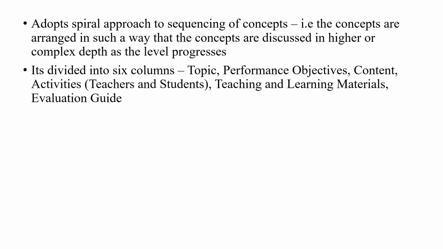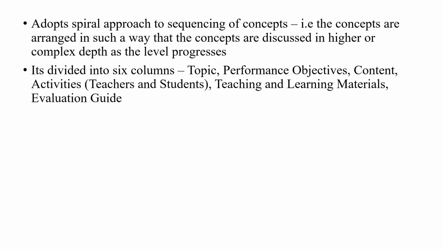For example, you have topics on ecology at SS1 level as well as at SS3 level, but what will be taught at SS1 level will be much simpler than what you have at SS3 level. So this is what we mean by spiral approach, with the topics appearing at different levels of senior secondary school.